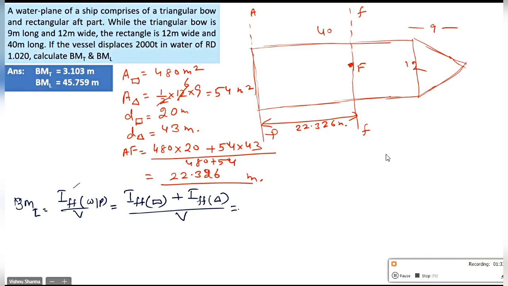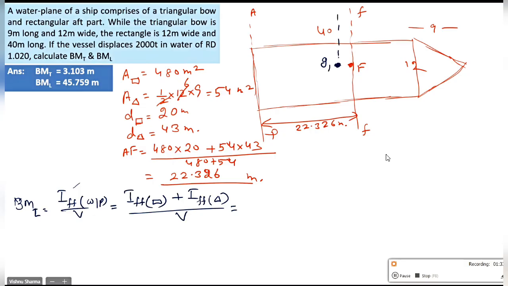Now I'm asking you simple questions, guys. Is FF passing through the centroid of the rectangle, yes or no? No, sir. Where will be the centroid of the rectangle? It will be somewhere here, 20 meters maybe, at G1, correct?